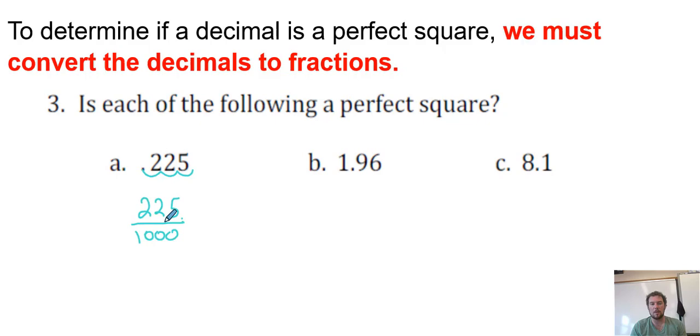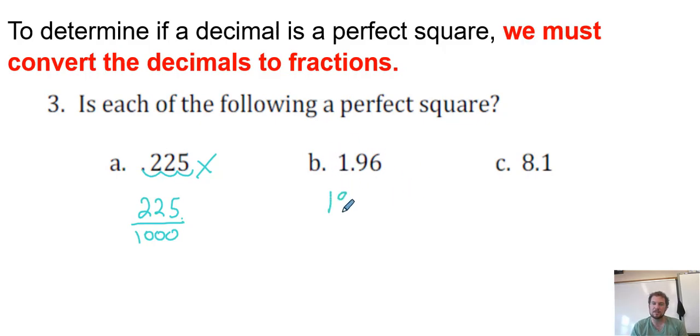Now we need to look at the top and the bottom and ask ourselves, are these perfect squares? 225 is a perfect square, but 1,000 is not, so this one is not a perfect square. Then we can do the same thing for 1.96.